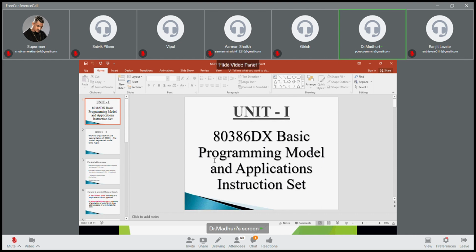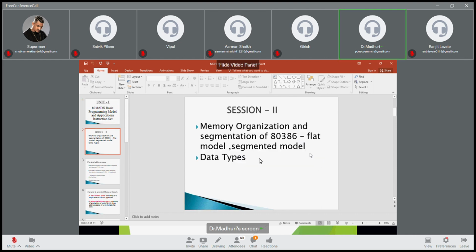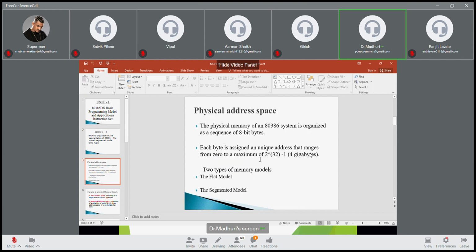Now the next part is the programming model of the 386 microprocessor. What do you mean by programming model? The programming model is nothing but the overall organization of the processor.